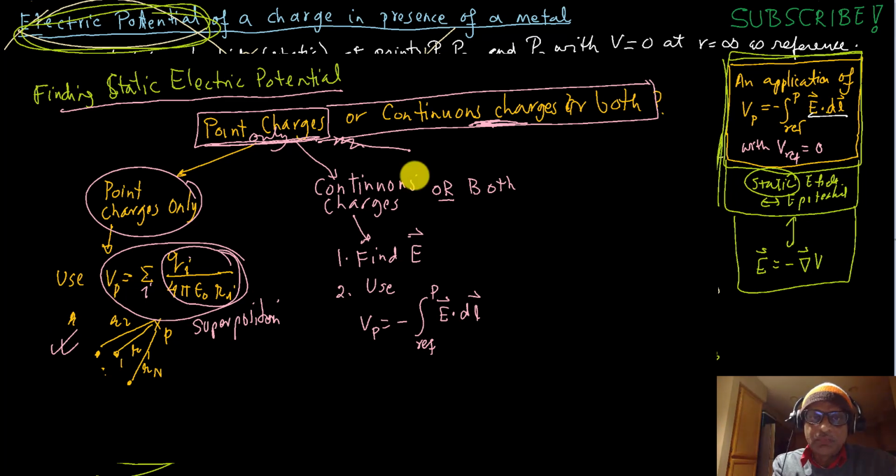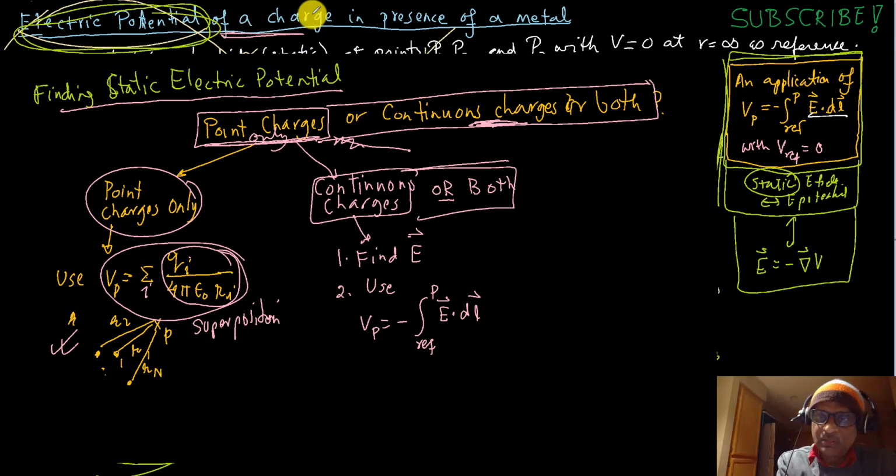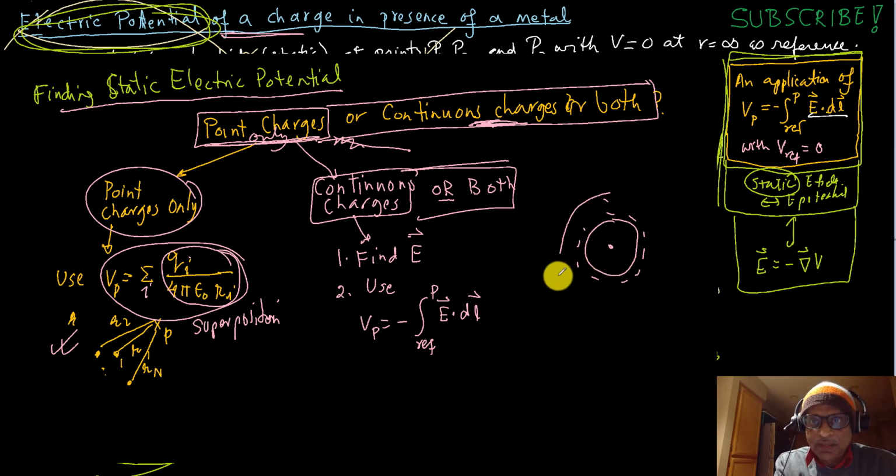However, if you have continuous charges, or you have both, the example we had was both. In our example, we had both a point charge and continuous charge on the surface, these are induced charges on the metal, right?